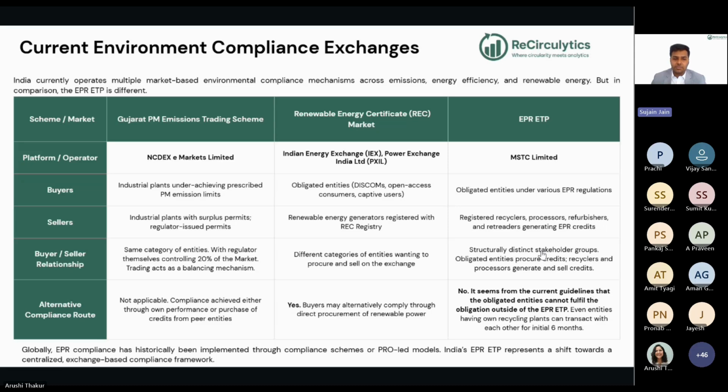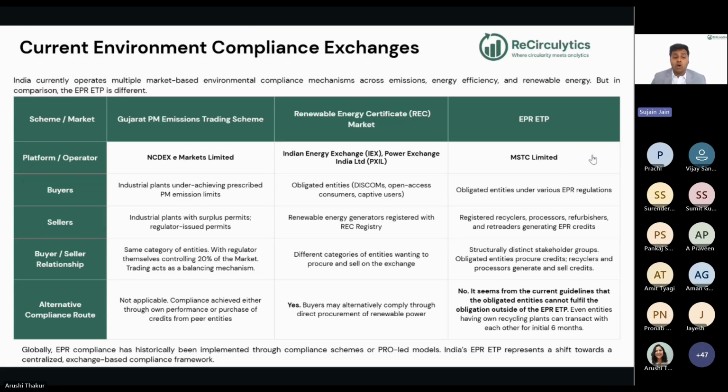If you see, in principle, in the Gujarat Emissions Trading Scheme, the categories of buyer and seller are the same people. Let's say there are two industries trying to trade between each other. And there is a third participant, the Gujarat Pollution Control Board, who themselves cover 20% of the market and become a market participant in that trading scheme.